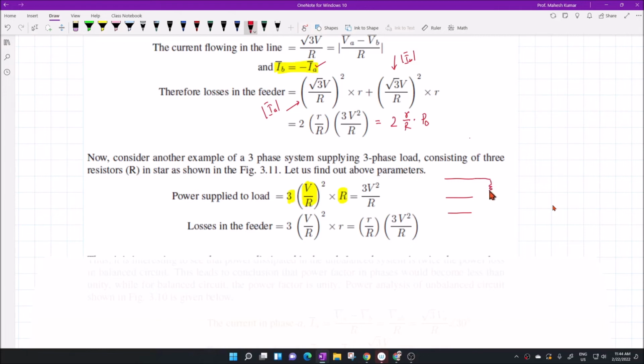So we have this R, this R and this R. This is now VA, VB, VC, this is VN, and these are IA, IB, IC. Since they are balanced, the power will be the same, and that power is nothing but 3V square by R.